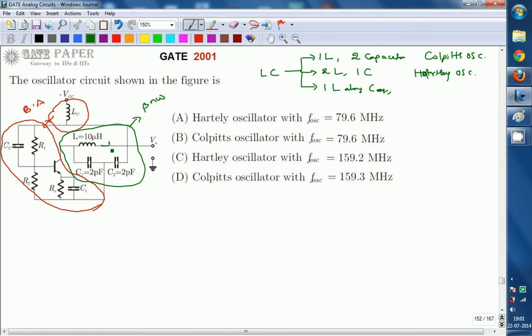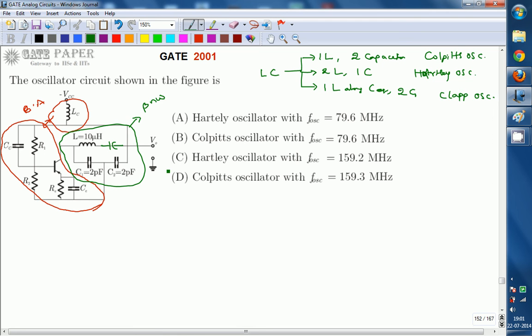So this is the inductor, and over here if you find a capacitor like this, along with one inductor, one capacitor in series and two extra capacitors as in Colpitts, at that time it is called a Clapp oscillator. So these are the three different types of oscillators possible with L and C elements.